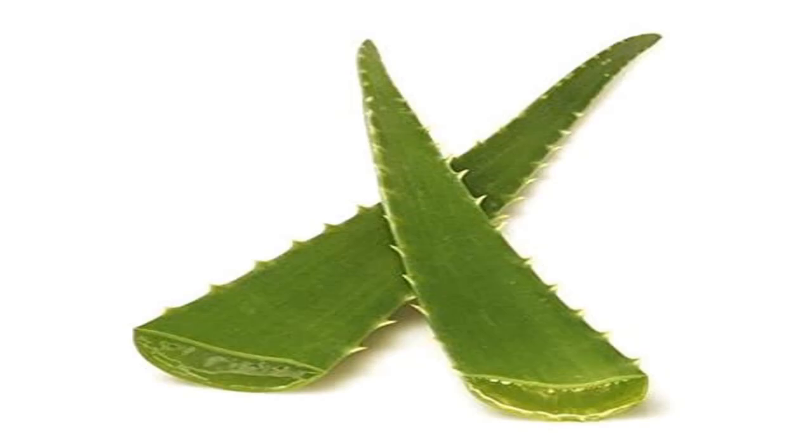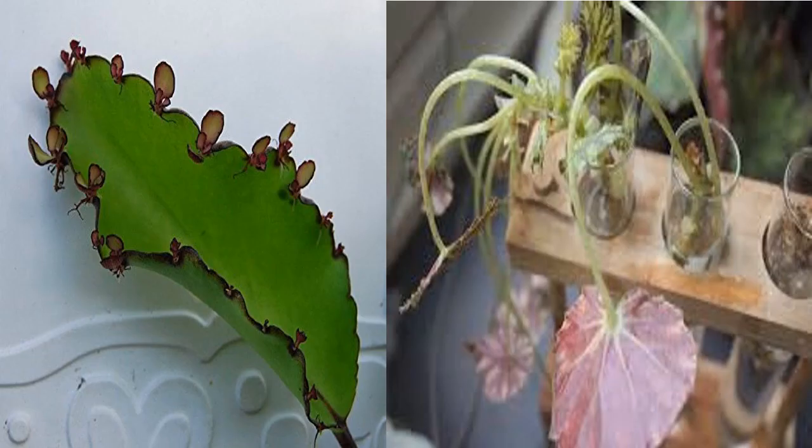Store water: some leaves are adapted to store water. Vegetative propagation: some leaves produce new plants. This is called vegetative reproduction. Akkapana, begonia.